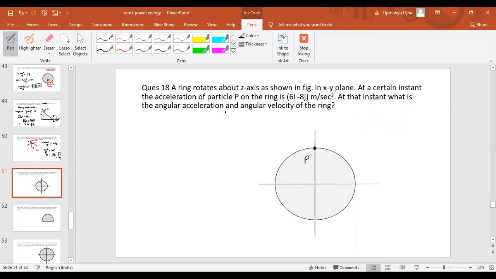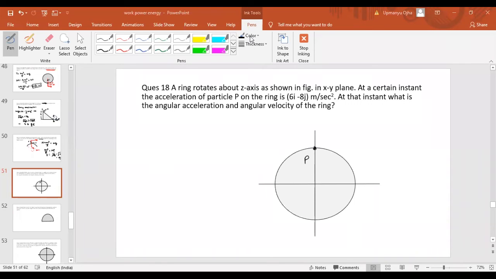velocity of the ring. Now, whenever a particle moves in a circular motion, it has two accelerations. One is tangential acceleration and the other is centripetal.